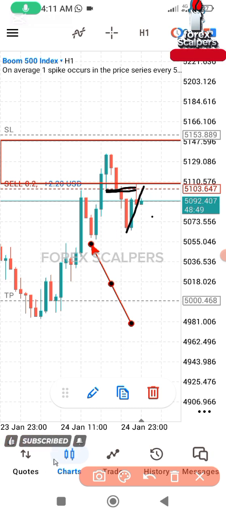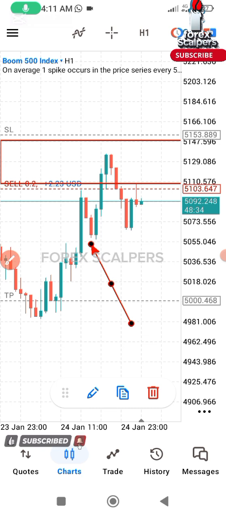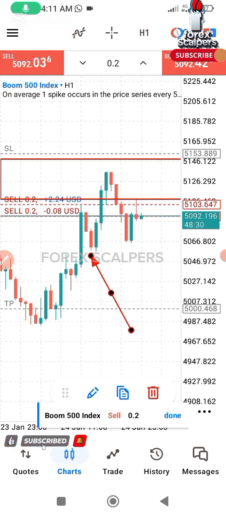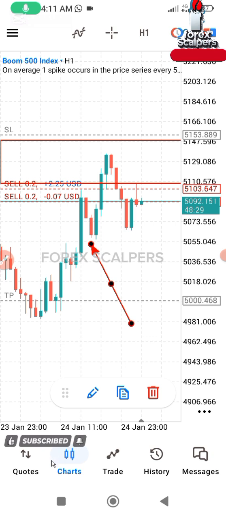This played out for like 2 hours before price went up again and gave us this particular bearish pin bar. So if you have missed the first entry, this particular bearish pin bar now should be your next entry. So that should be your next entry if only you missed the previous one.